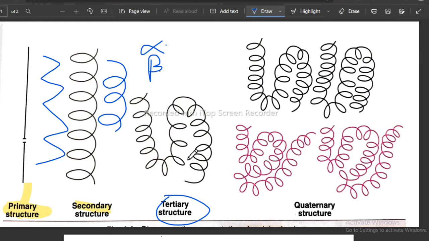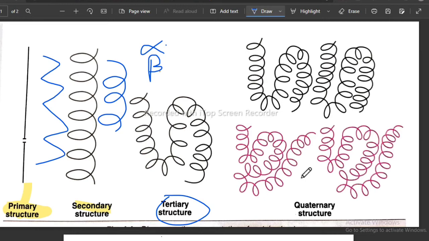As you can see, it has the following interactions. Very first is hydrophobic interaction, next is electrostatic interaction या electrostatic bond, third is internal hydrogen bond, and the last is van der Waals interaction. So these are the four interactions in the tertiary structure of protein.